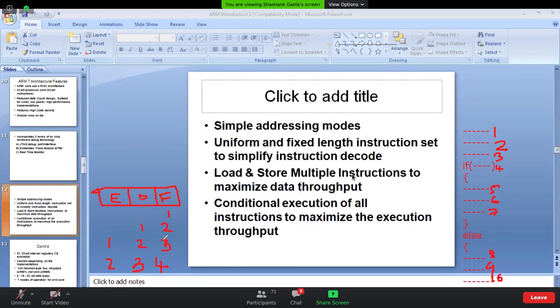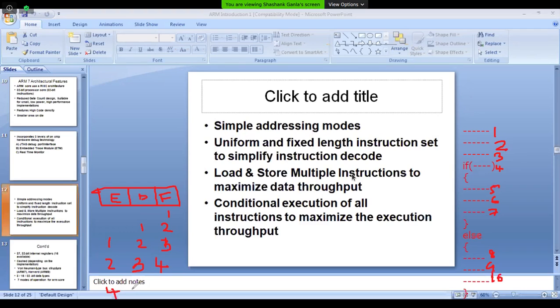So when the fourth instruction is in the execution stage, the fifth instruction comes into the decode state and the sixth instruction comes into the fetch state. If the fourth instruction is being executed and that condition is satisfied, then the fifth instruction will proceed from decode state to execute state, the sixth instruction will proceed from fetch state to decode state, and the seventh instruction comes into the fetch state.